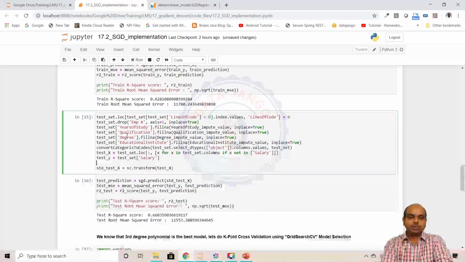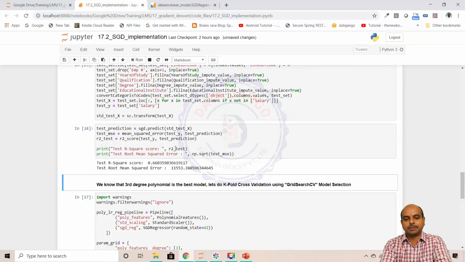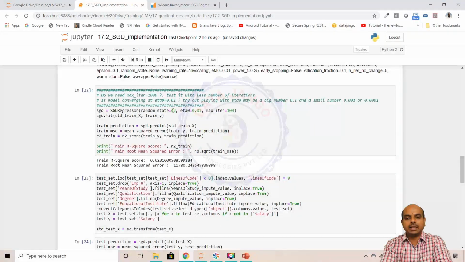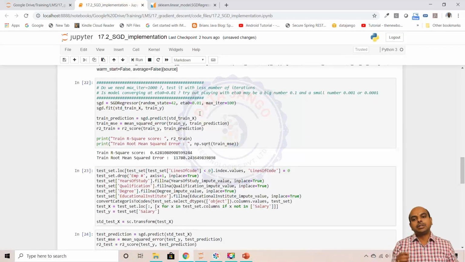And to apply it onto the test set, we need to apply all the transformations, and then we can use the same model to predict. We got 66% accuracy. But I said that we need to play with the learning rate a little bit and then understand the appropriate number, right? But it is not always possible, because 0.0121 may be the best alpha or learning rate.